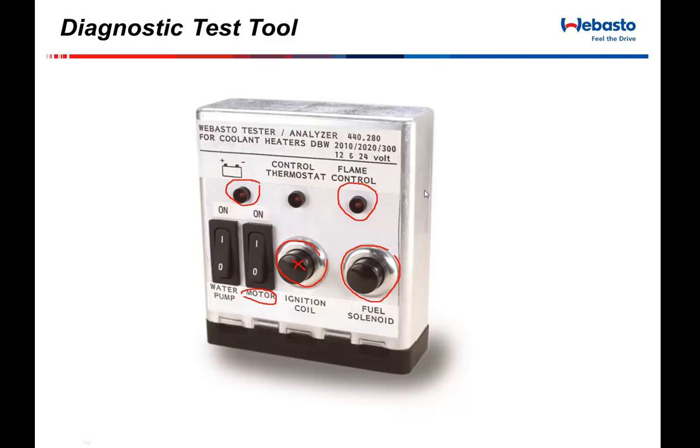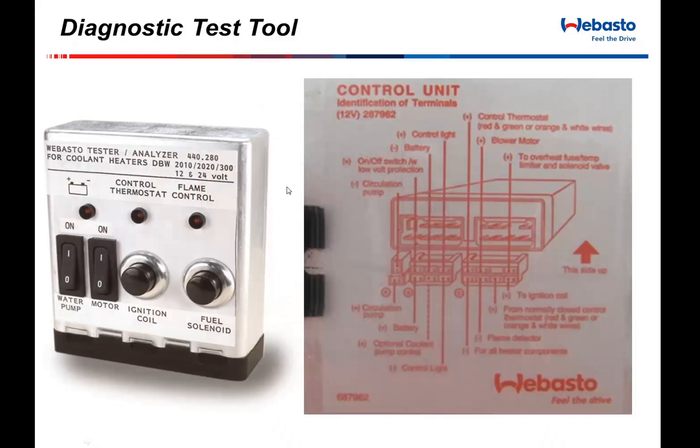So you can check 99% of the entire product with this box within a couple of minutes without opening the thing up. If you hook up the box to it and everything works, but you go back and hook it up to the ECU and it doesn't work, it doesn't necessarily mean that this ECU is bad.